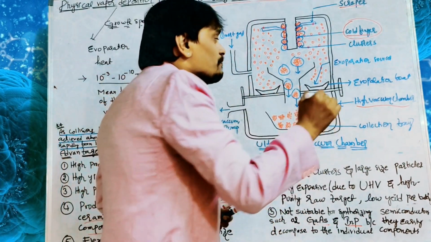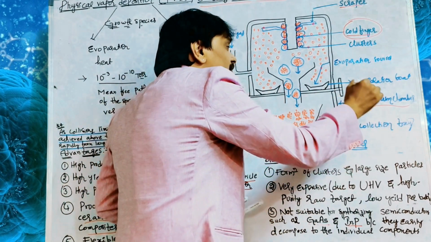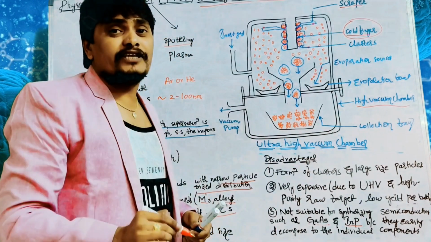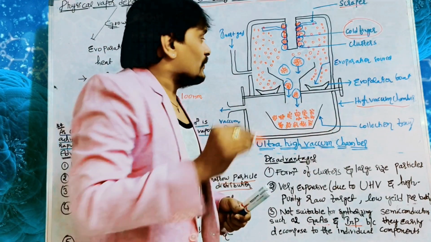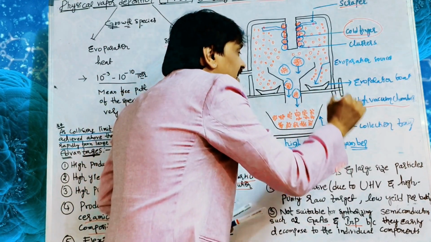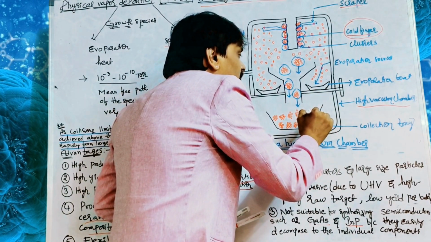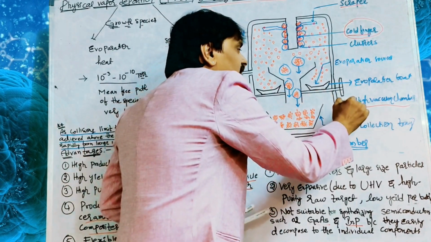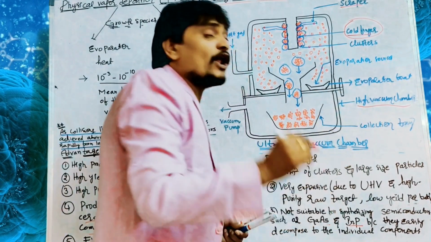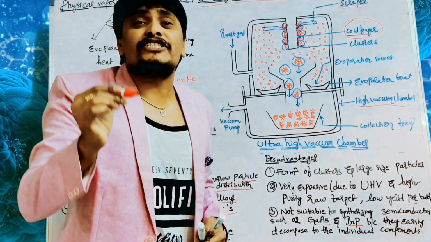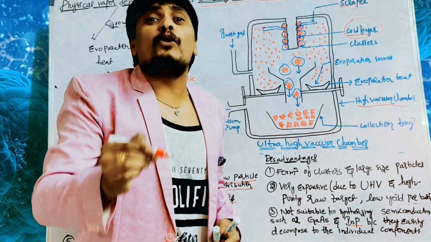Why is there a need to place this collection tray in the high vacuum chamber? That should be the question. So this collection tray which is collecting the nanoclusters is placed in the high vacuum chamber in order to avoid the oxidation of the resulting nanoparticles.